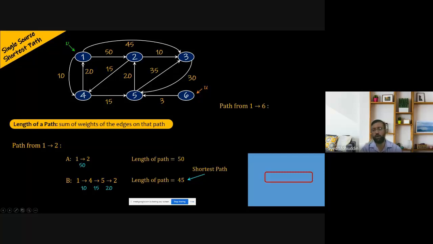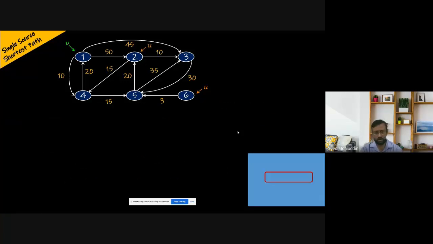So there is no way we can reach vertex 6 from vertex 1, whether directly or through any other path. In this case, we say the cost of the path is infinity. So this was the very basics of what a path is and how we compute it.